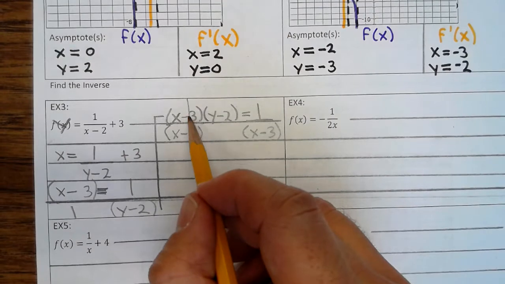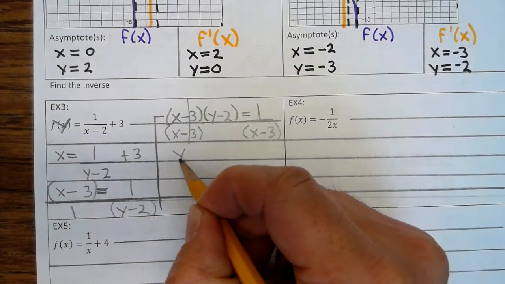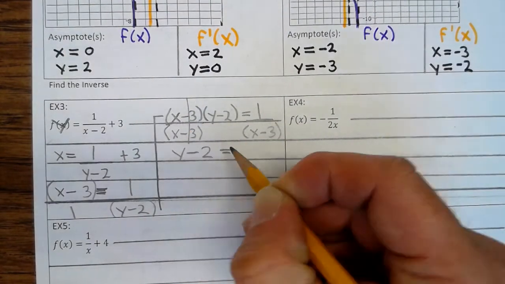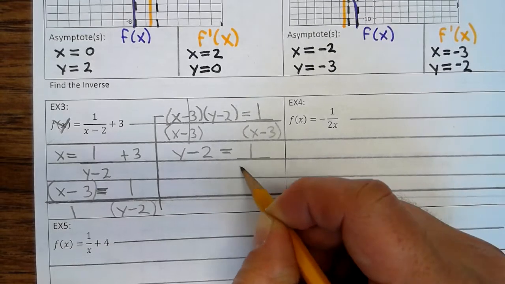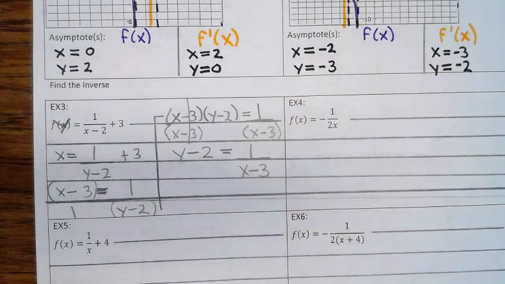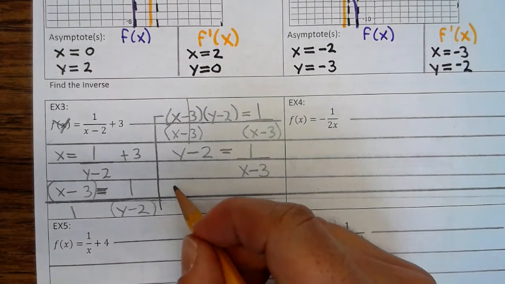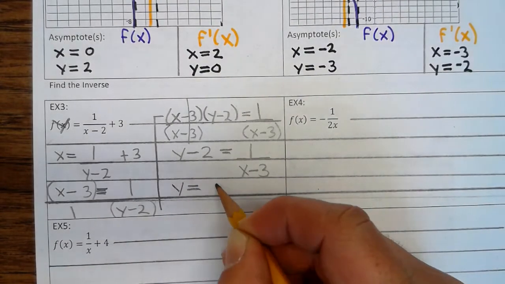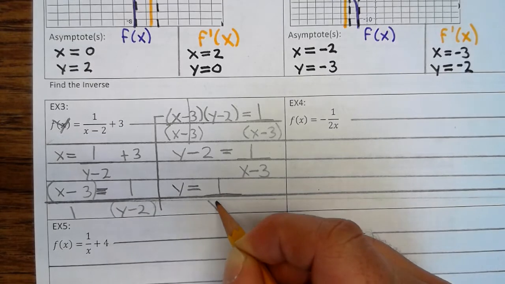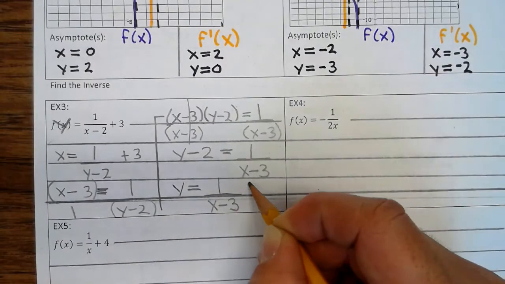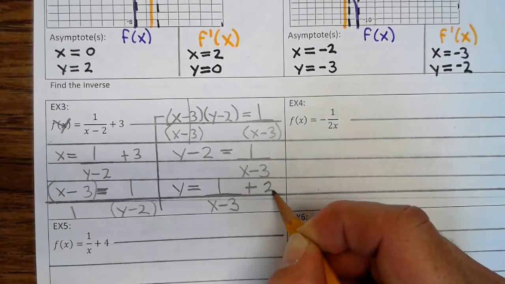That becomes 1. So you're left with y minus 2 equals 1 divided by x minus 3. We add 2 to both sides, so y equals 1 divided by x minus 3 plus 2.